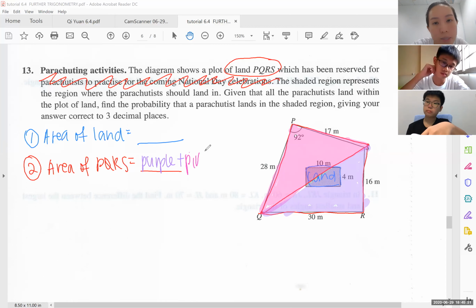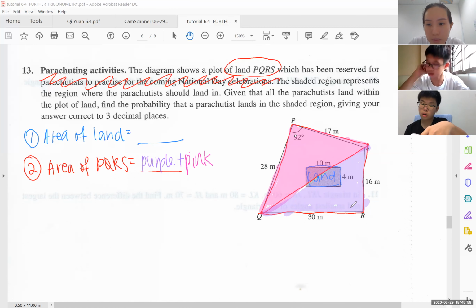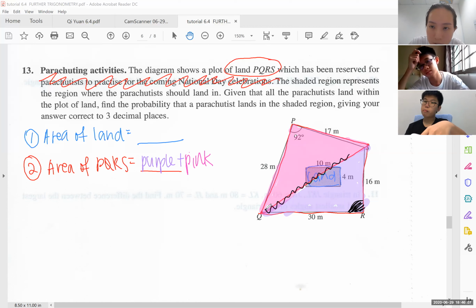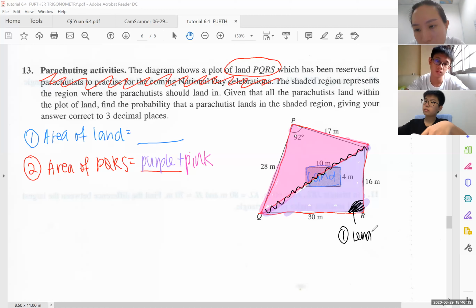What missing information do I have? The angle. Angle what? Angle QRS. Yes. So in order to find QRS, do you realize that I actually need to find QS first? The length of QS? So to find this angle means I need to first find the length of QS.